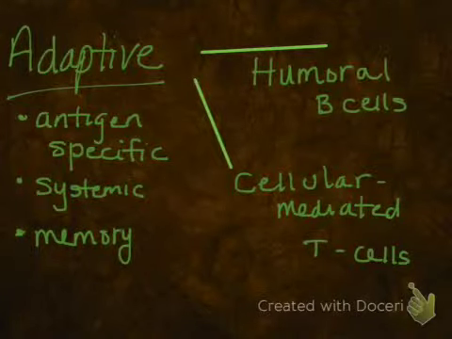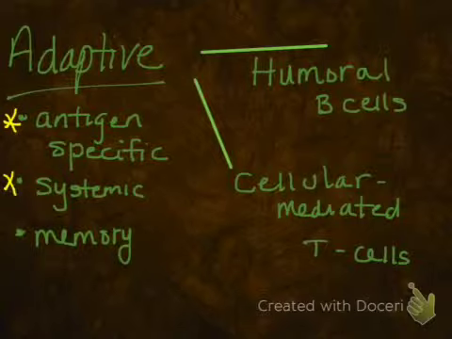We then have the adaptive branch of the immune system, and the characteristics of that are that it is antigen specific. So it has specific targets that it is going to snipe out and deal with. It is systemic, meaning that it's going to be working all throughout the body.